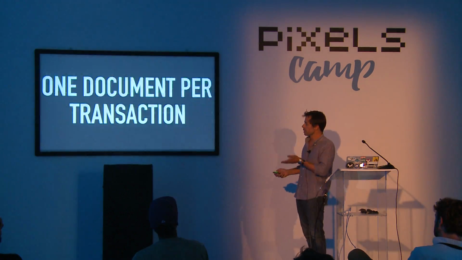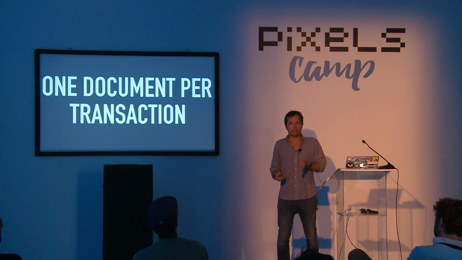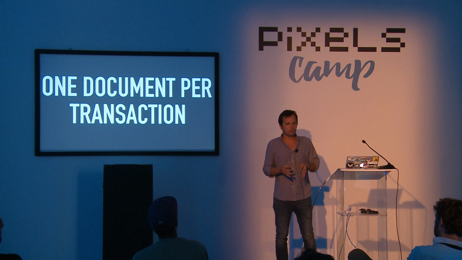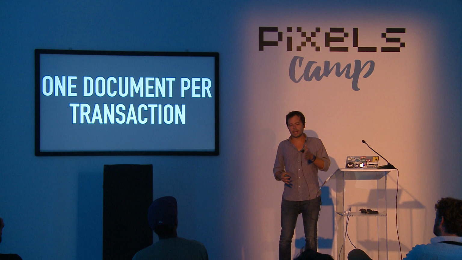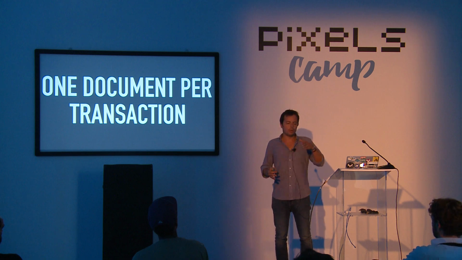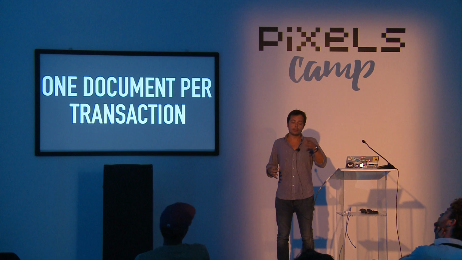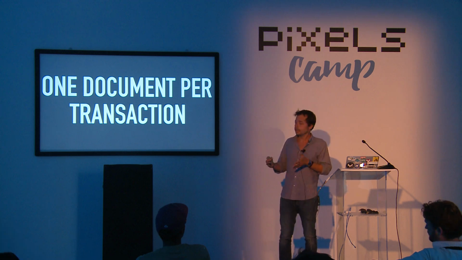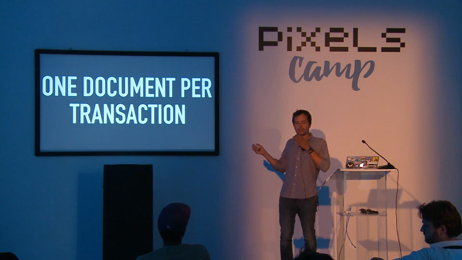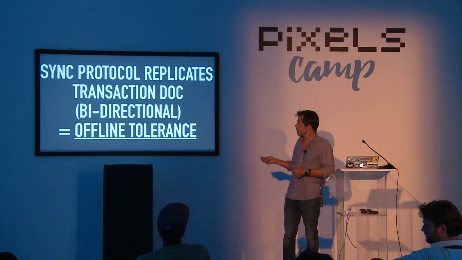So I told you one database per customer and one document per transaction. So the transaction will contain all the attributes that are necessary to complete the transaction. For instance, if I'm booking a plane trip, it will contain the actual flights, all the people, the billing data, the payment token, whatever is necessary to complete the transaction. And this document will be not only updated by the client, it will also be updated by the CLERK.